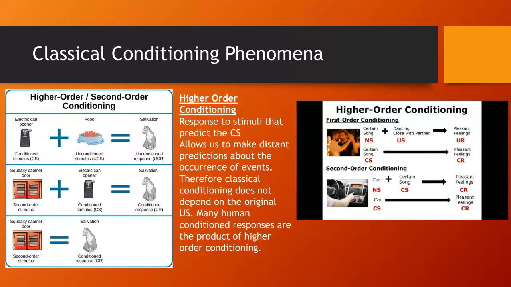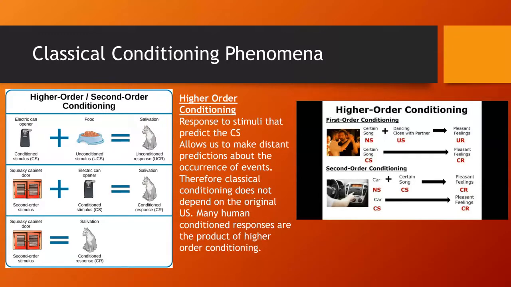The food is gone, the can opener has gone, and the next layer of stimuli coming in is the squeaky door. That's a process of conditioning where we start to respond to things that weren't even in the initial conditioning process. It's higher order conditioning.